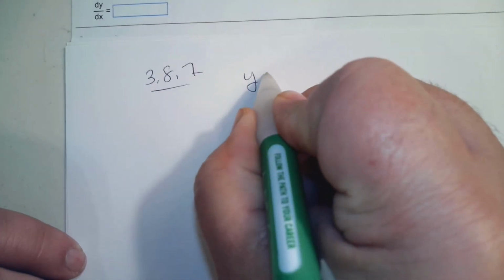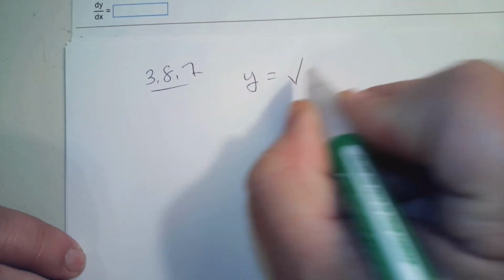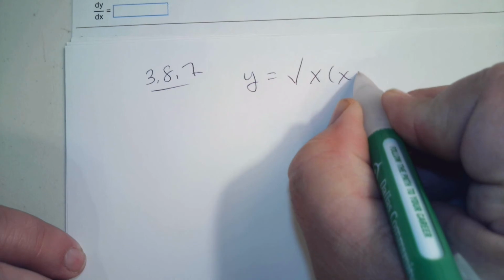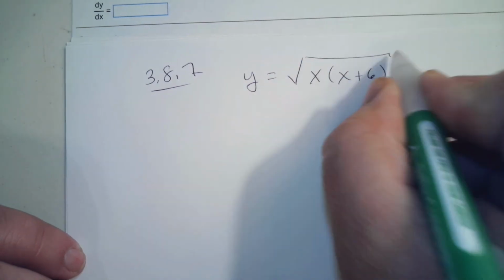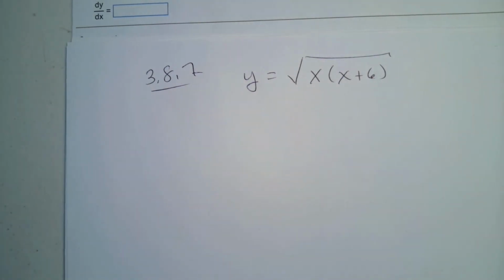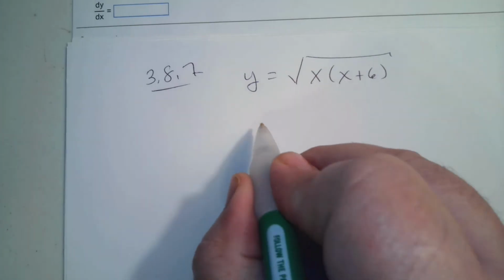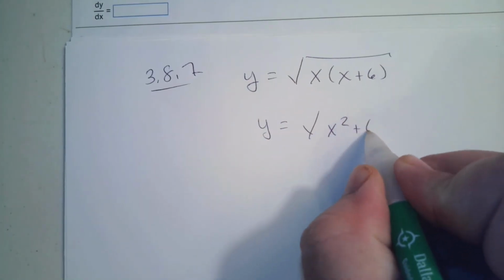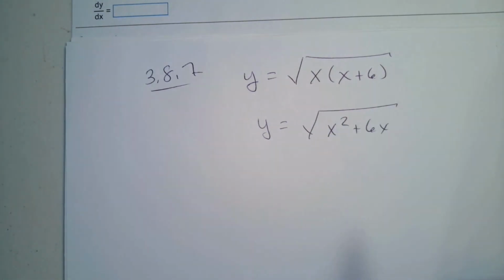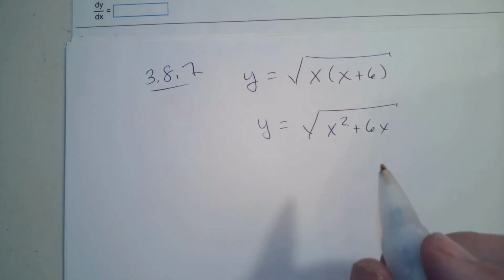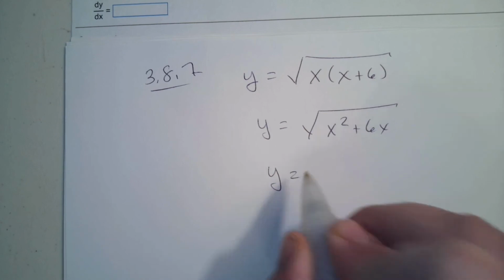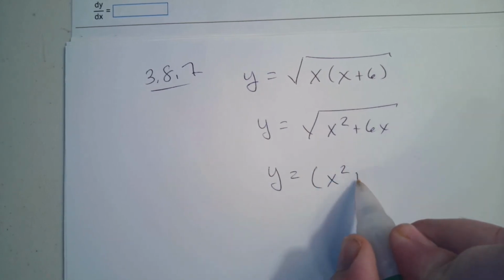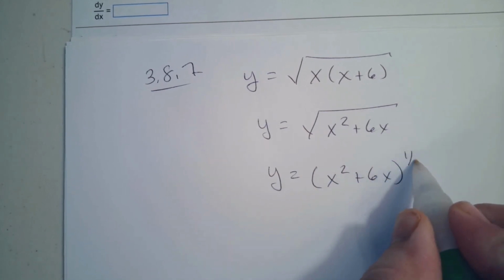So y equals x times x plus 6, x squared plus 6x to the power 1/2.